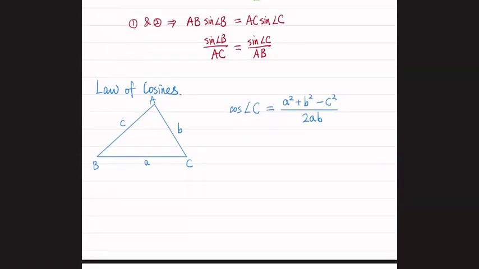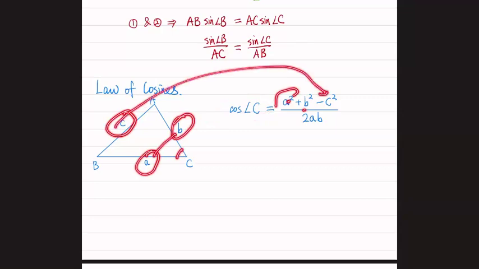So cosine angle C is the quotient: the numerator is the two neighboring sides, a squared plus b squared, subtract the square of the opposite side, divided by 2ab.